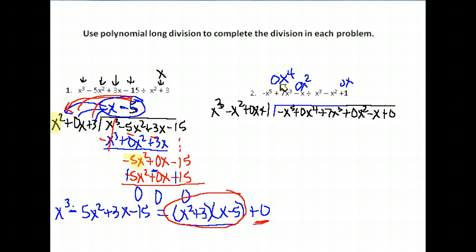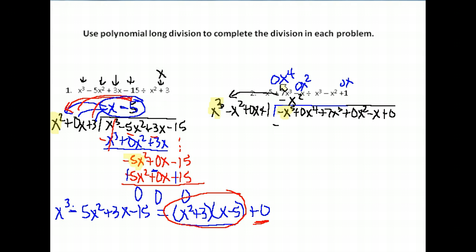Okay, so we look at our front terms to start our problem. What do we have to multiply by x to the third to make it equal negative x to the fifth? And the answer to that is we need a negative, and we'll need an x squared, so that x to the third times x squared is x to the fifth. We distribute that.